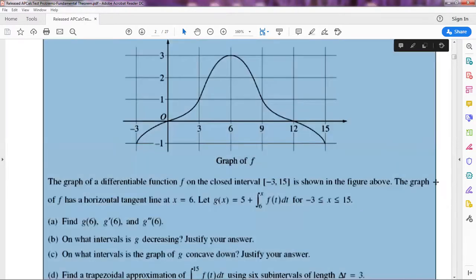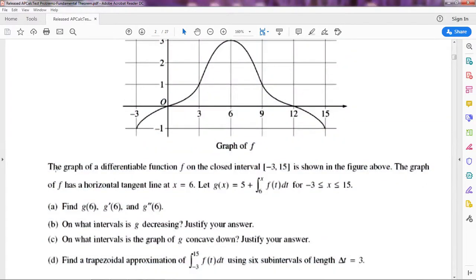This is the graph of a differentiable function f on the closed interval negative 3 to 15, shown in the figure above. The graph of f has a horizontal tangent at x equals 6. You can see it here, the horizontal tangent.